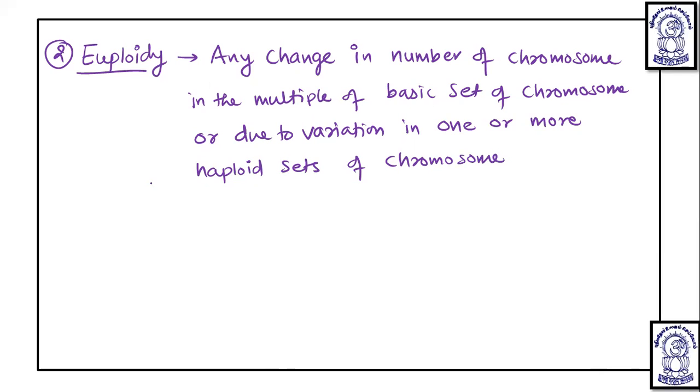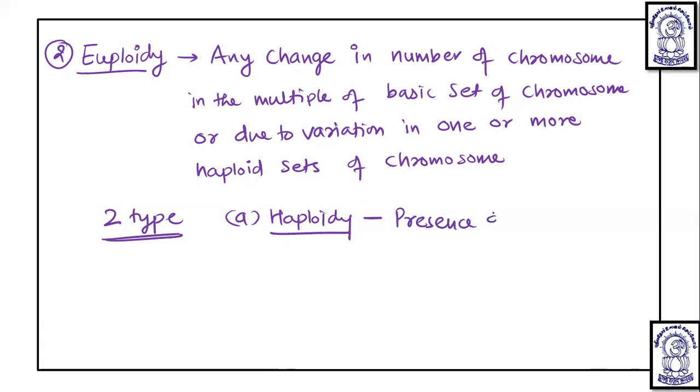Now, this euploidy is again of two types. One is haploidy. In haploidy, one set of chromosomes is there. Haploidy means a haploid organism, the presence of one set of chromosomes.